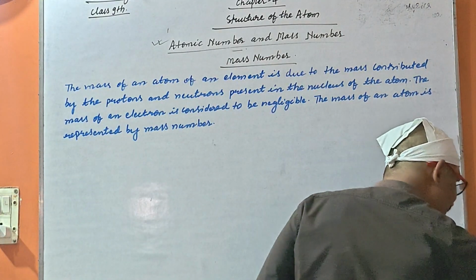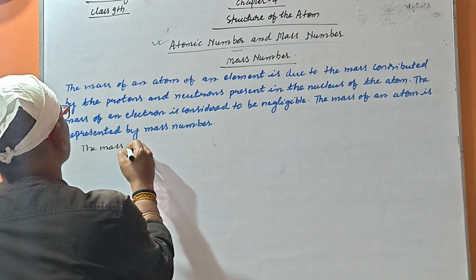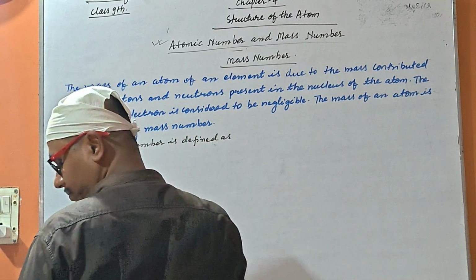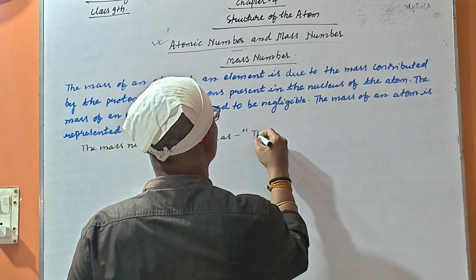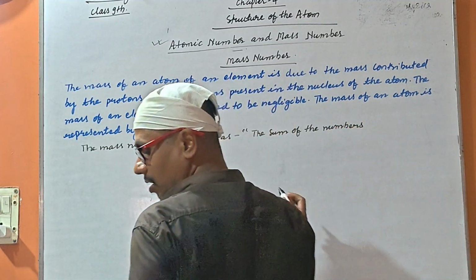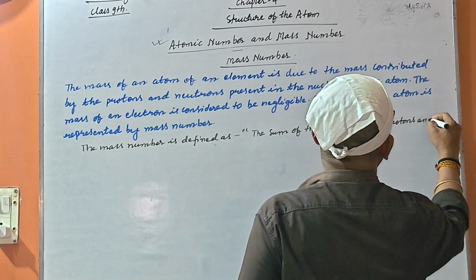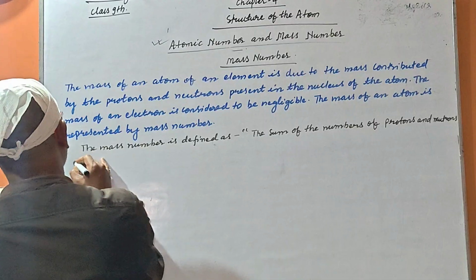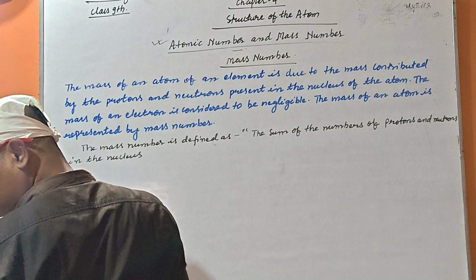The mass number is defined as the sum of the number of protons and neutrons in the nucleus of the atom.